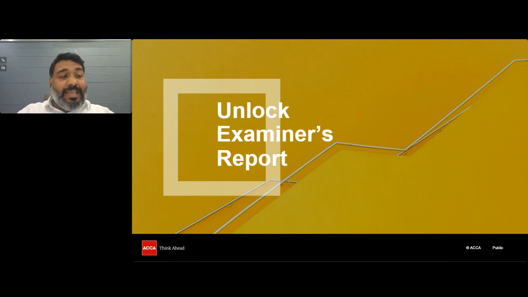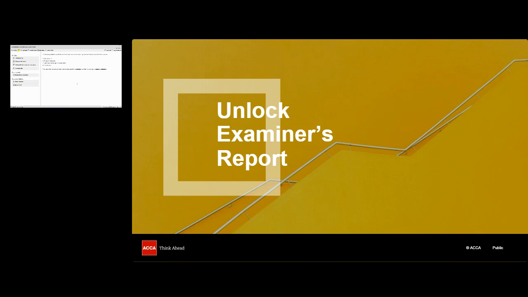So we're going to unlock the most recent examiner's report, which is the September, December 2023 examiner's report. And let's have a look at the first question on it. Well, the first question is a question on investment appraisal, McKeever.